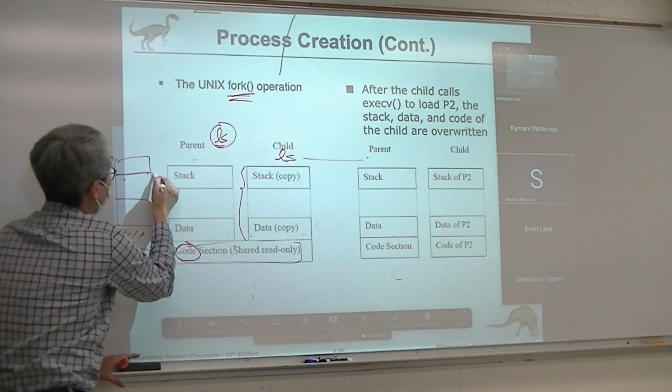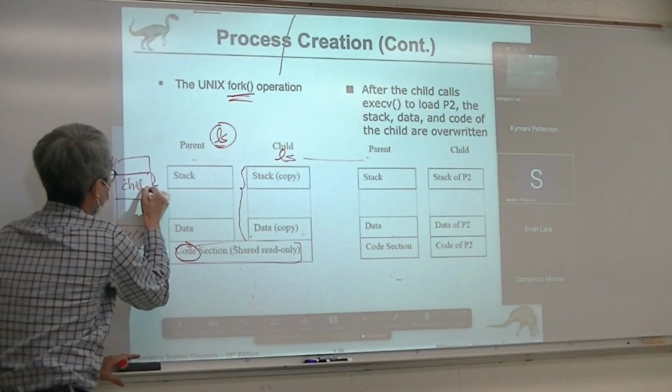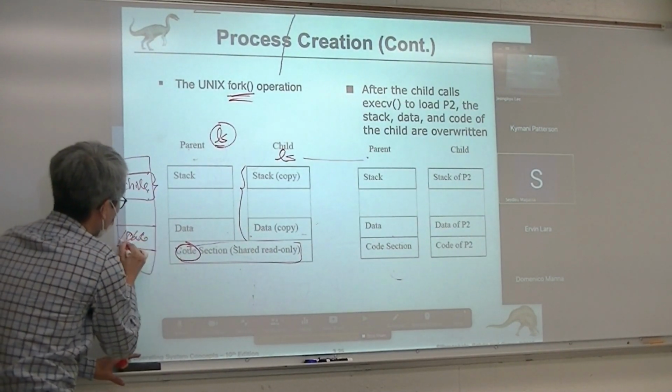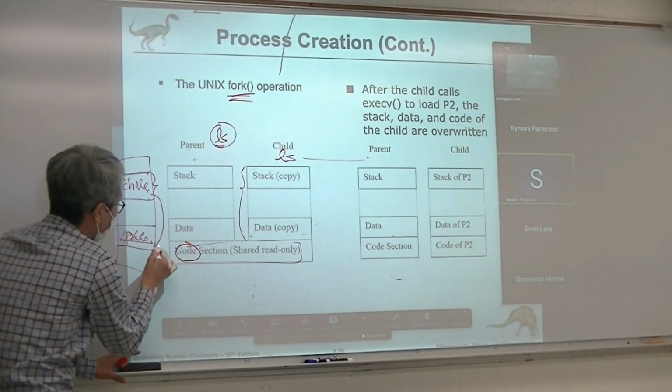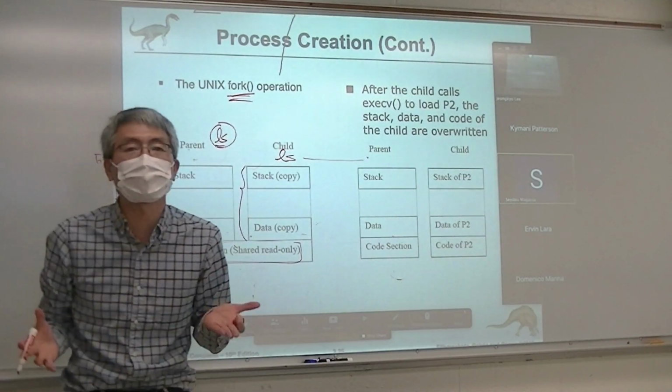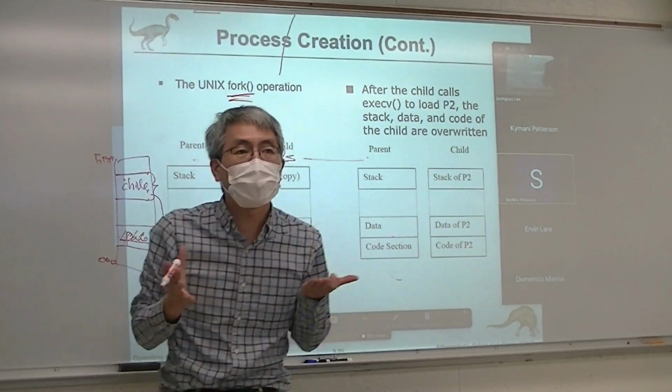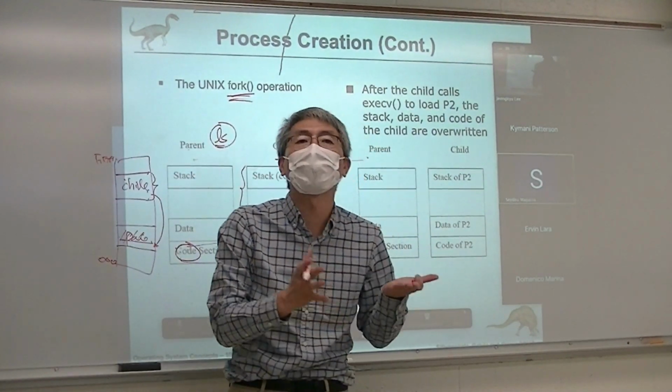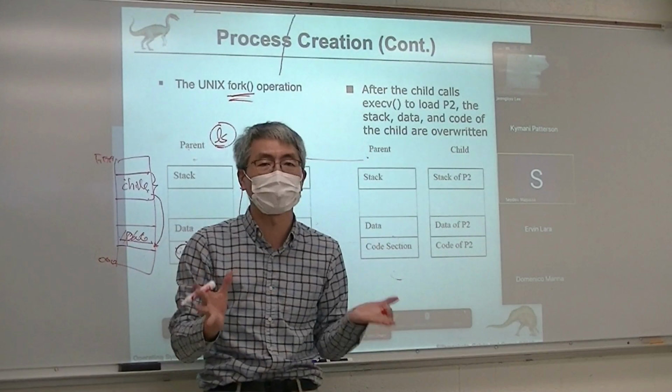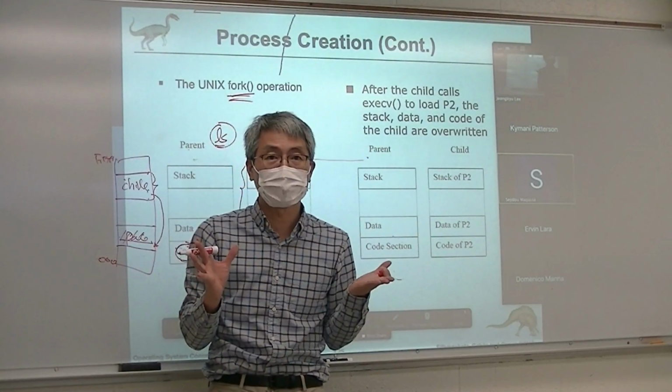It has the memory, so this part is the child and this one is the parent. But the code part actually points to the parent, which means it's identical. Parent and child are exactly the same. You understand?